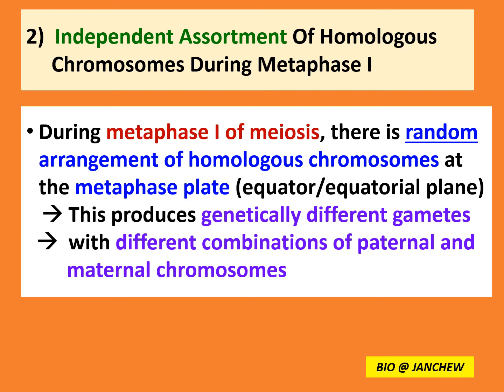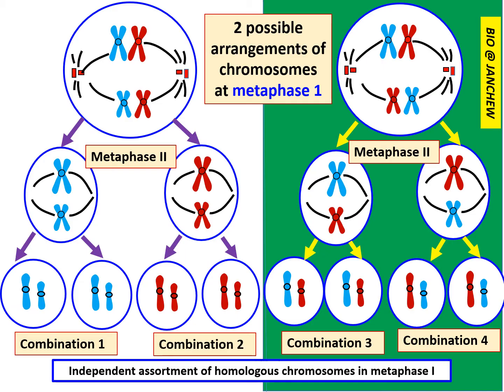Let's have a look at the example given for this in the next slide. Let us discuss an example to show that independent assortment of homologous chromosomes during metaphase 1 causes variation. So actually this event causes variation through the formation of genetically different gametes which have different combinations of paternal and maternal chromosomes.